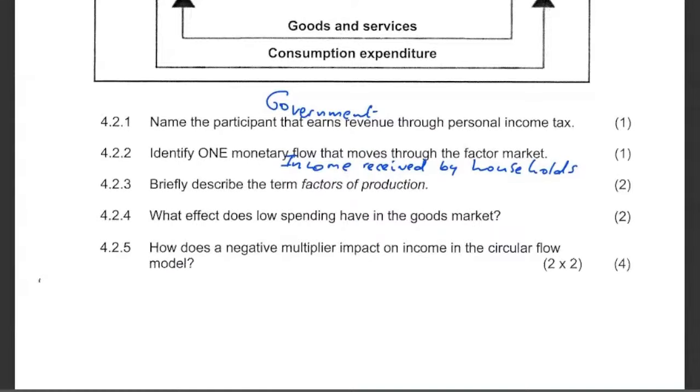Now let's check 4.2.3, which reads: briefly describe the term vectors of production. When you talk of vectors of production, we refer to inputs that are applied by different sets of firms to process or manufacture goods and services.